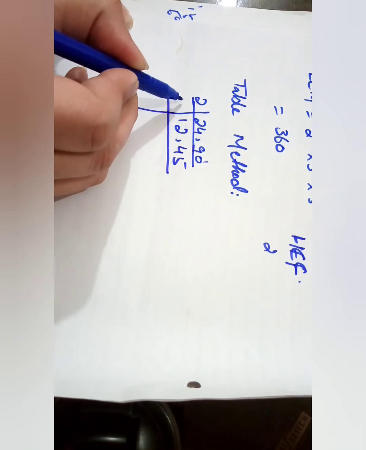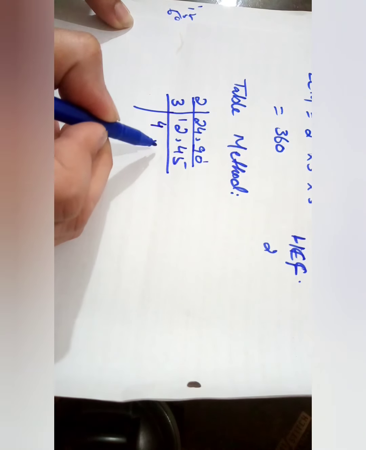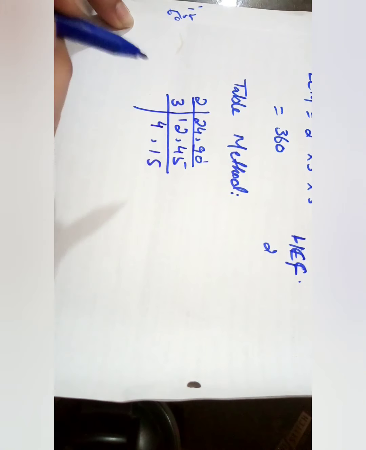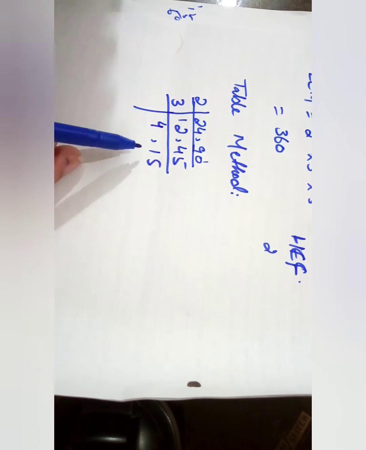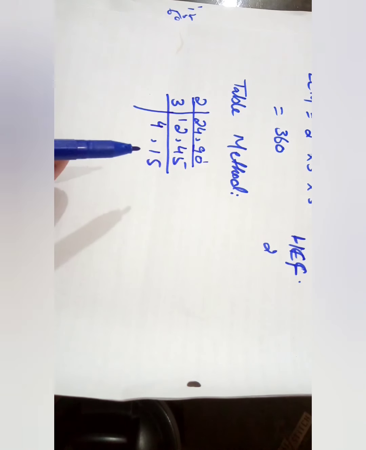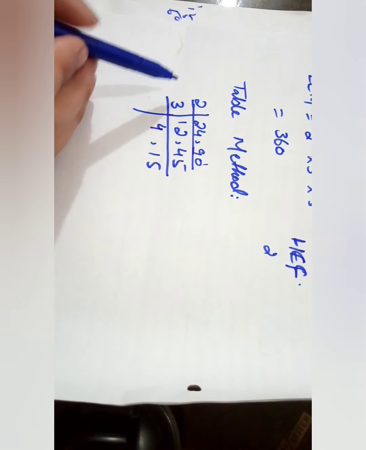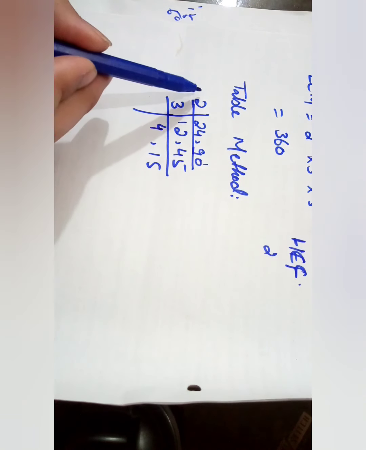Again it is divisible by 3. 3 4s are 12, 3 1s are 3, 3 5s are 15. Now 4 and 15 do not come in the same common table. There is no table in which 4 and 15 both come. So that means it stops here, and 2 and 3 are the common factors.